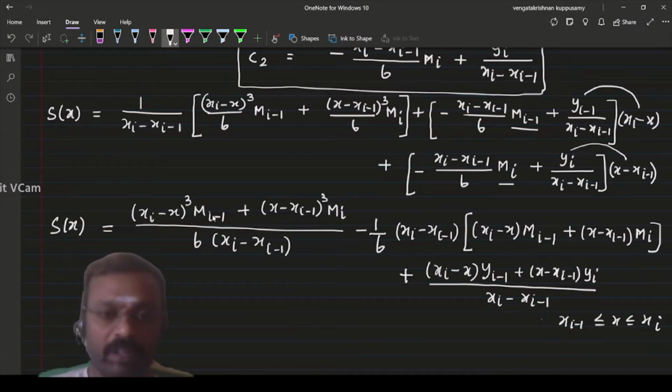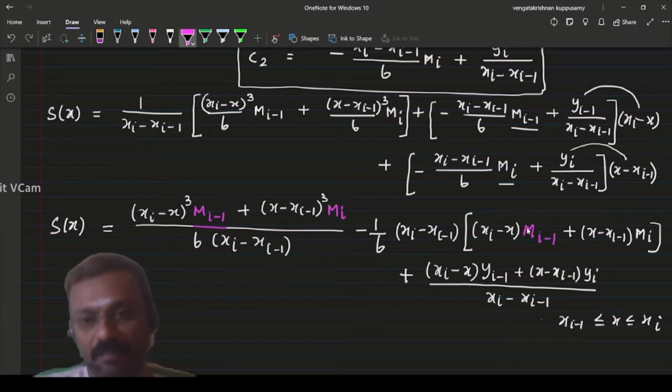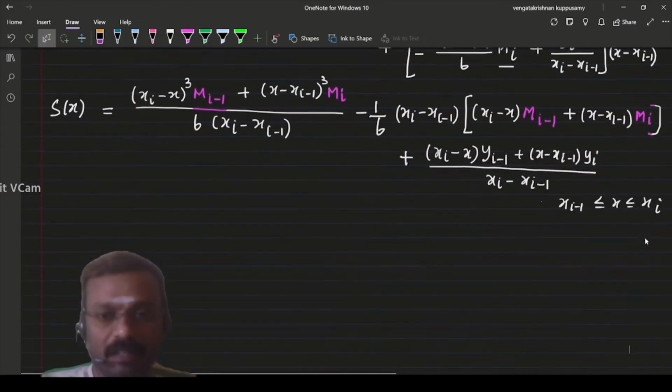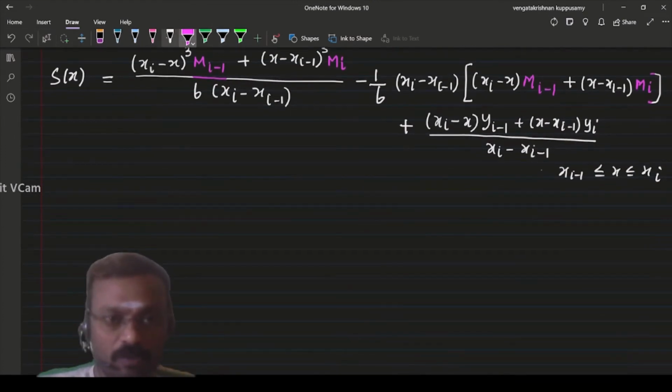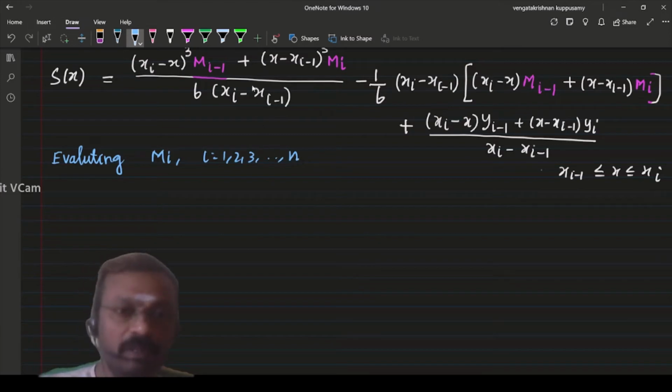So now if you are able to find this m_{i-1}, m_i, or simply we can say if you are able to find this m_i, then the problem is over. So our aim is to find, our problem now reduces to evaluating m_i for i is equal to 1, 2, 3, etc. up to n.